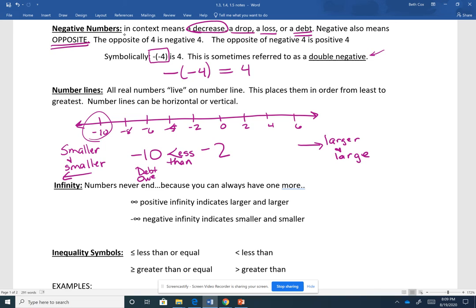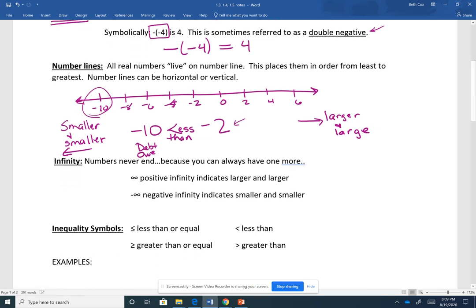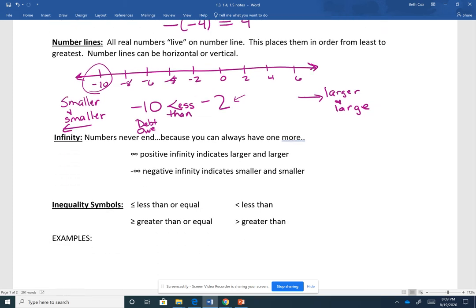Owing 10 is worse than owing 2. So bigger is better. So this is better. The arrows on the number lines are infinities. Numbers never end because you can always have one more. This is positive infinity here on the number line. Negative infinity is down here on the number line.